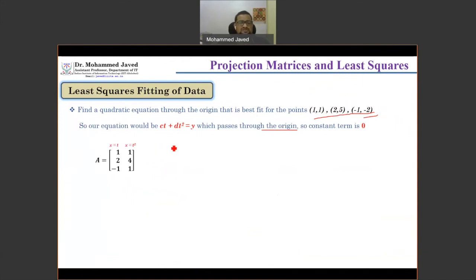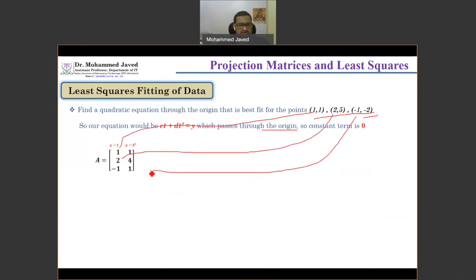So now what I'll do is that I will put x equal to t and x equal to t square. I will try to get the values 1, 2 and -1. So this is 1 here, this is 2 here and this is -1 here. I need t square, right? So x equal to t square, and then I get these values 1, 4, 1.